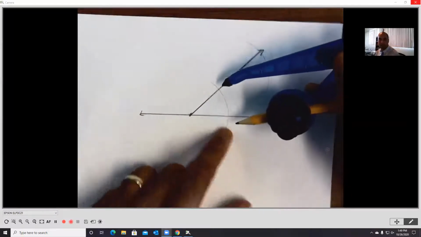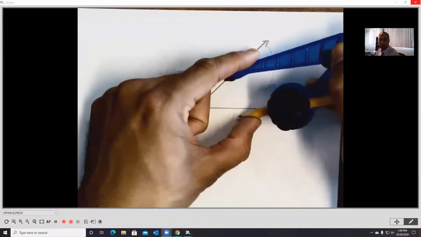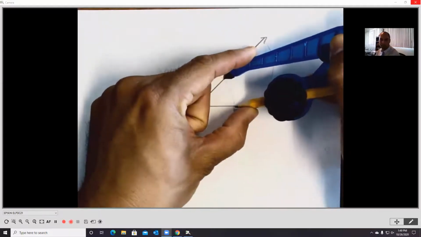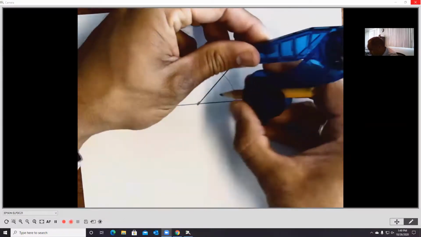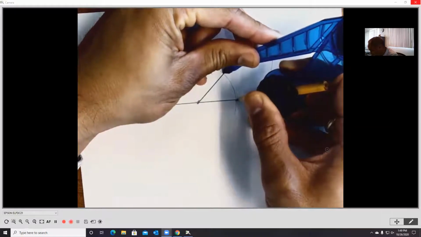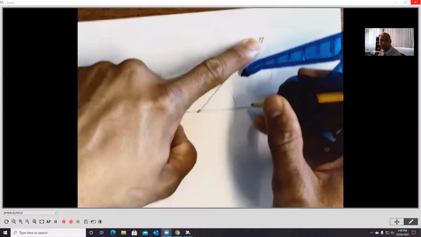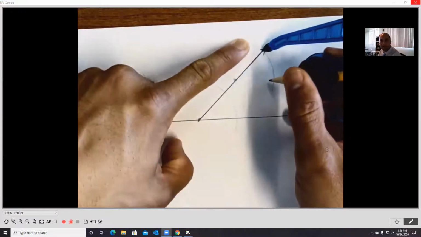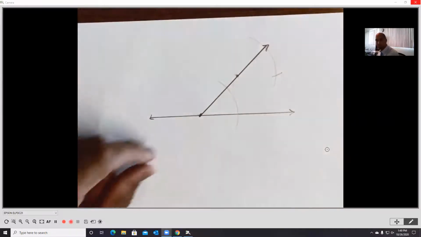So this width, I'm going to place the needle on one intersection of this arc, where it intersects either side of this angle. And I'm just going to adjust this compass very carefully so that I have this spread exactly touching both of these intersections. Once I have that, I'm going to drag the needle to the identical spot on this line, and I can make my second little mark.